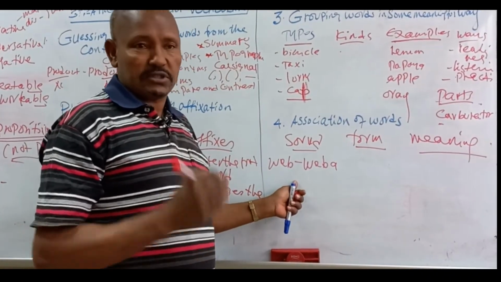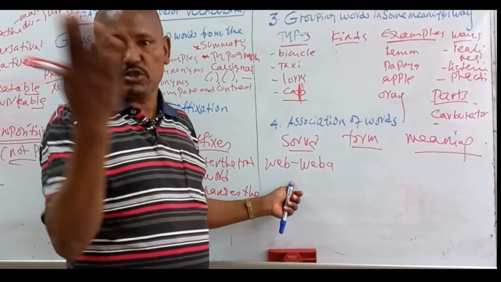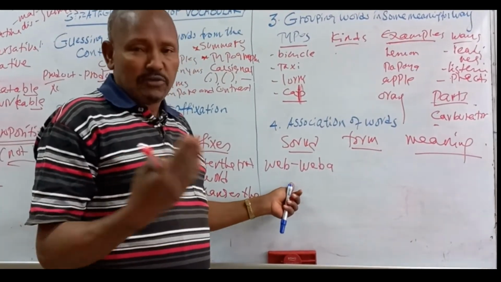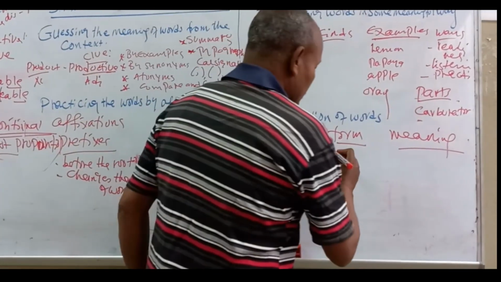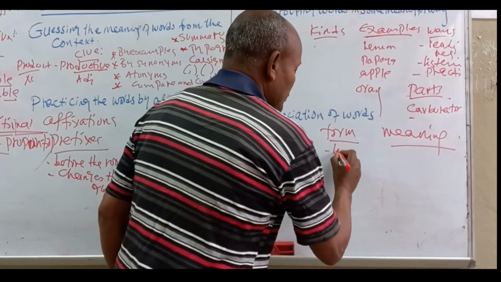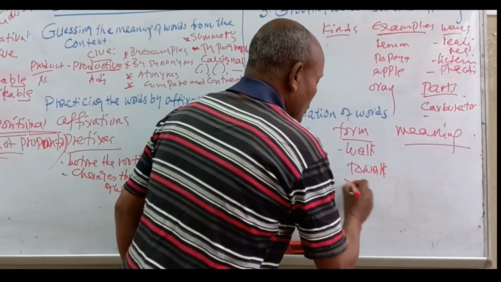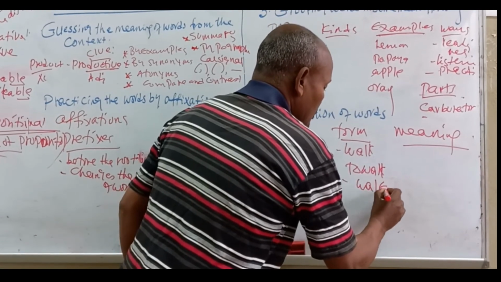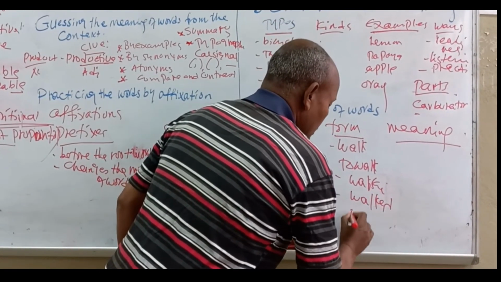You can group words with sounds of names, sounds of objects, sounds of animals maybe. So you have a way to define that word. The other is form association. For instance, work: to work, working, worked, and works.